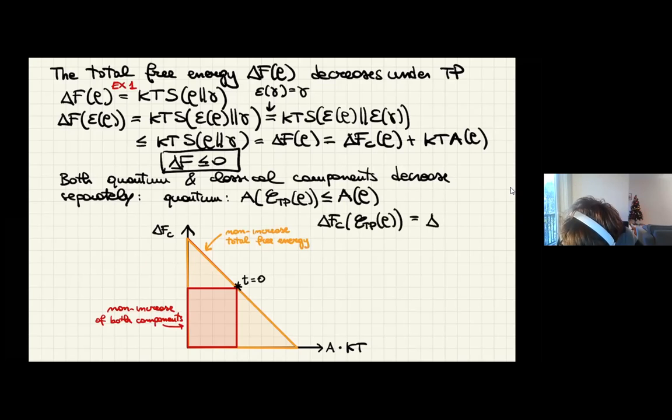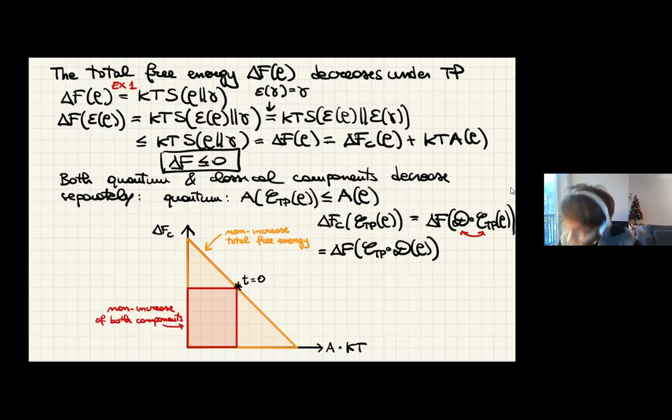Well, we use the definition. This is just delta F of D of C of rho. Now we know that these two commute because C is symmetric. And now we can just use the previous result, because we know that these free energies must be decreasing on every state, including the state D of rho.